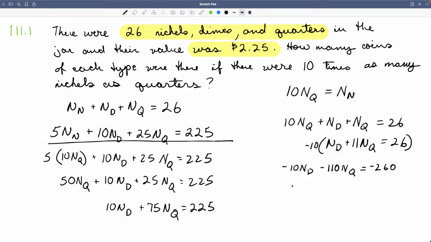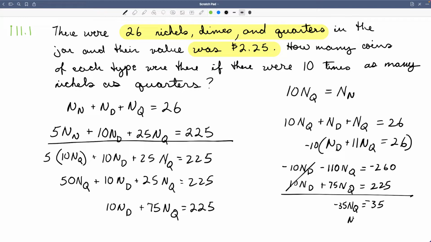And now I'm going to write this here below, 10 times the number of dimes plus 75 times the number of quarters is equal to 225. Now I can cancel these. This is going to be negative 35 times the number of quarters is equal to negative 35.